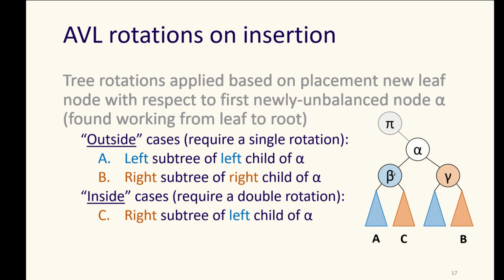The right subtree of the left child of alpha, and the left subtree of the right child of alpha. And there will be easier or harder cases to deal with based on whether you are outside or inside when you're rebalancing, when you're rotating.